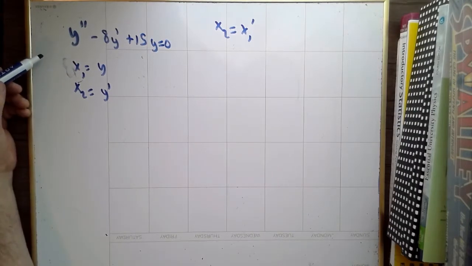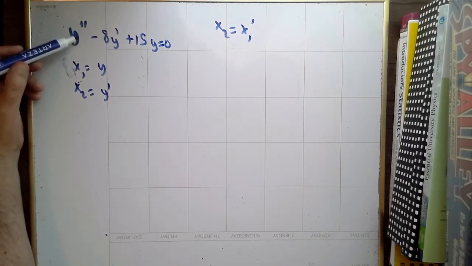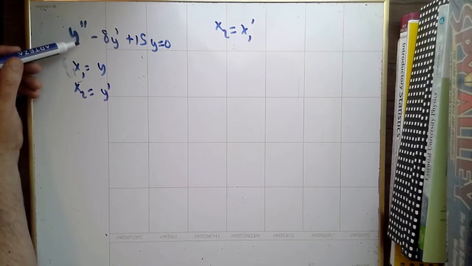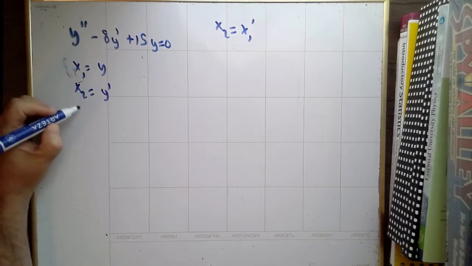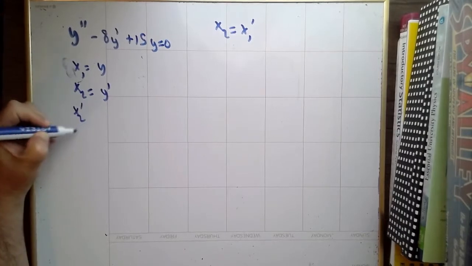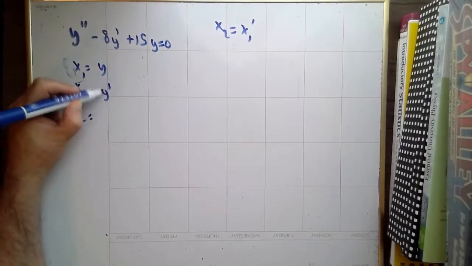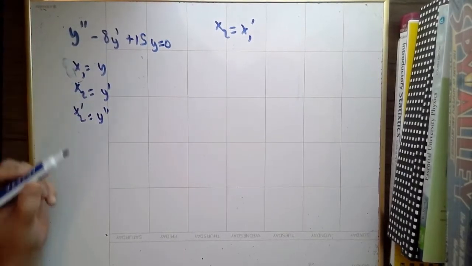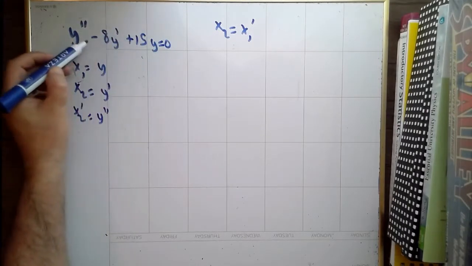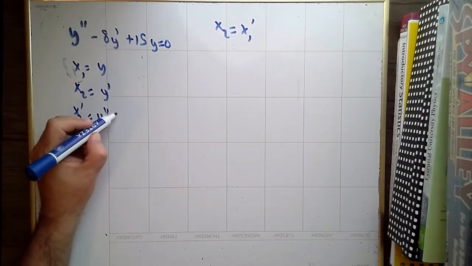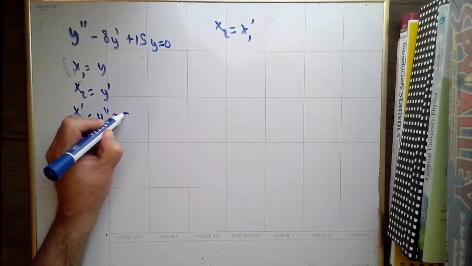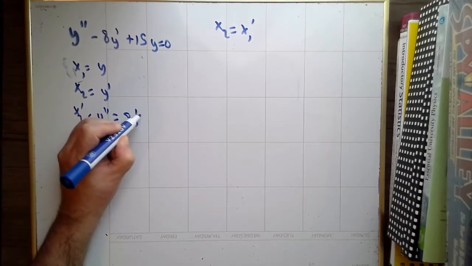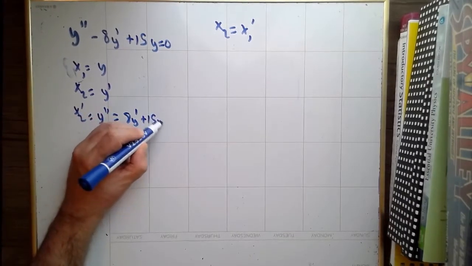The DE itself will give us our other equation, because notice that x2 prime would be y double prime, which we can get from here. If I move everything to the other side, that would be 8y prime plus 15y.